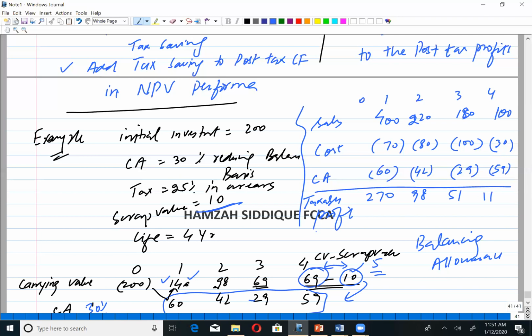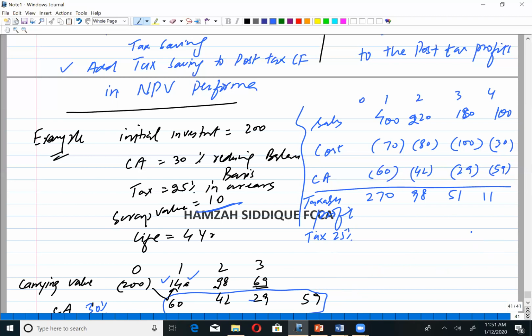Now tax has to be paid over there, 25% in arrears. Tax has to be paid in arrears. For it, tax will be here. You see here, 270 cross 0.25, 67.5.